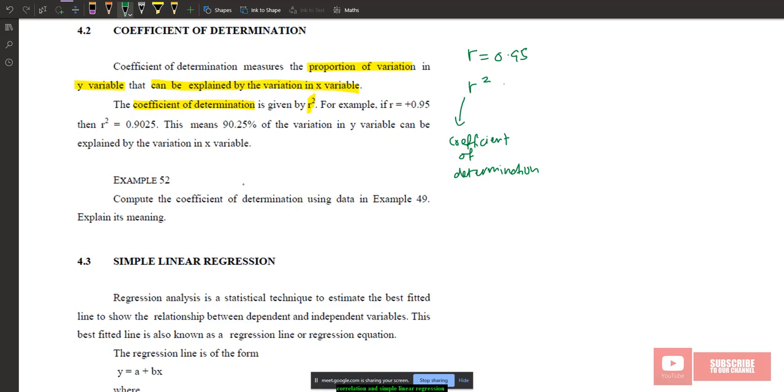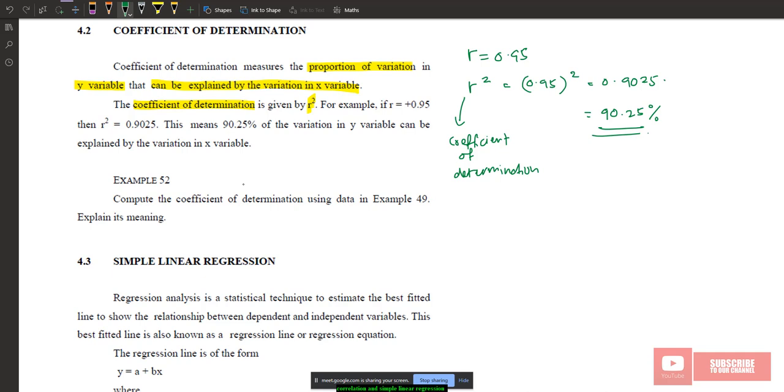So r squared is 0.95 to the power of 2, which is equal to 0.9025. So we express the value of coefficient of determination in percentage. So we need to multiply with 100%, so it becomes 90.25%, right? So this is the coefficient of determination, right?